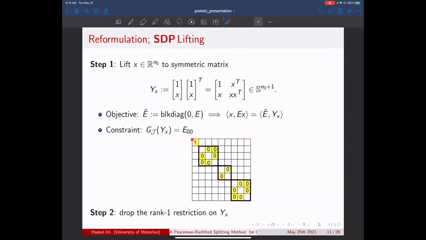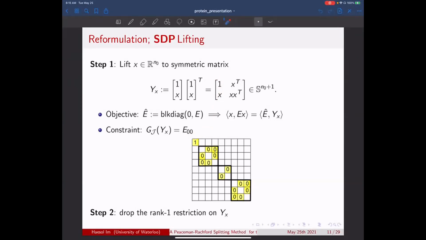For the top left corner, it's always 1, coming from this entry at the top. So this matrix E00 is the all-zero matrix with the top left corner being 1. The word gangster comes from this picture because it looks like we're shooting holes into the matrix, and I'm going to call these indices the gangster indices.